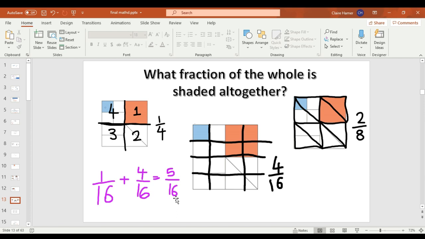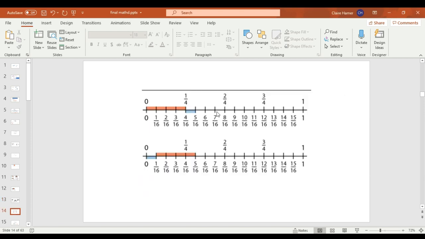That's why we find equivalent fractions. That's what we're going to focus on for a couple of days. Here's another way to visualise that we have 1/4 add 1/16, so the answer for the total shaded is 5/16. It's good to visualise in different ways.